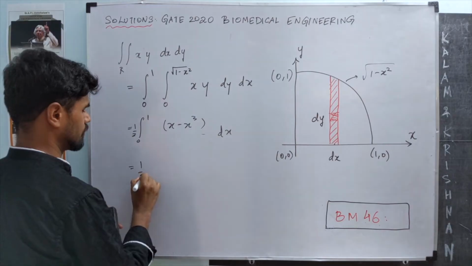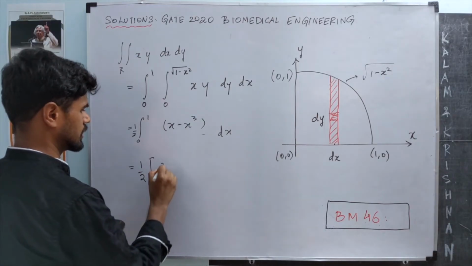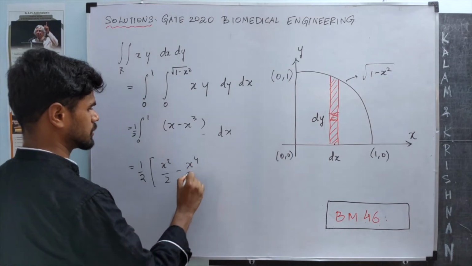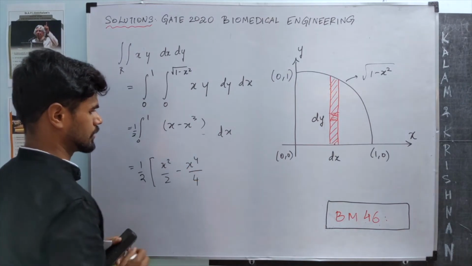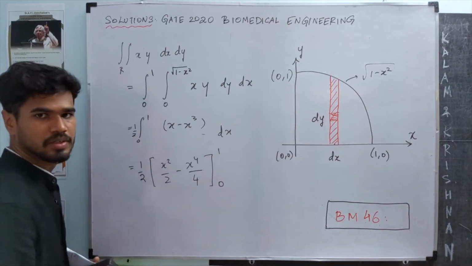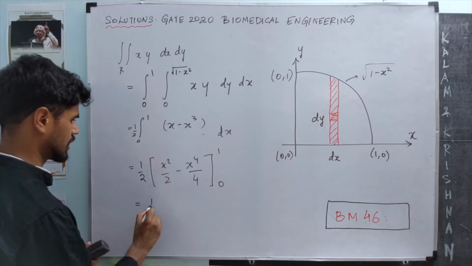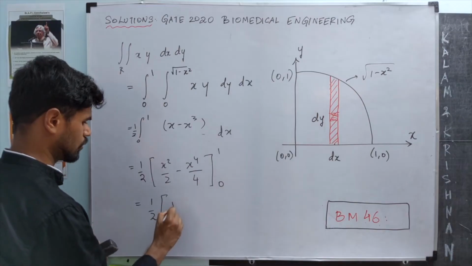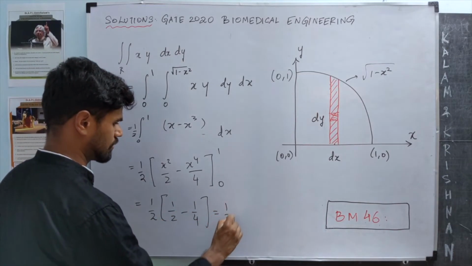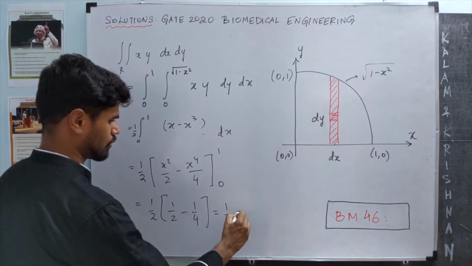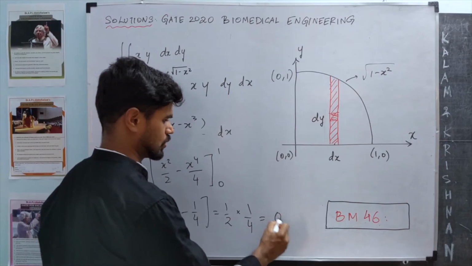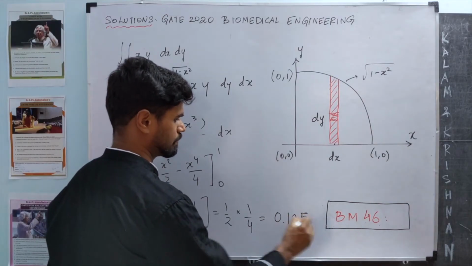So half of the integral of x is x square by 2, the integral of x cube is x power 4 by 4, from the limit 0 to 1. This is half of 1 by 2 minus 1 by 4, which is half of 1 by 4, which is 1 by 8, which is 0.125.